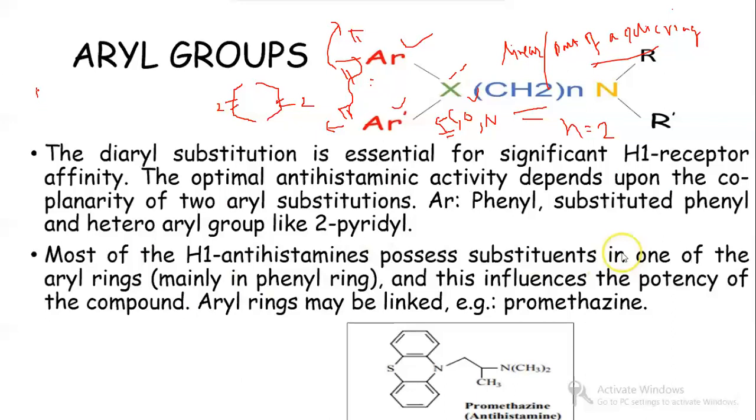So, planarity, then chirality, and heterocyclic ring, the presence of a heterocyclic aromatic ring.